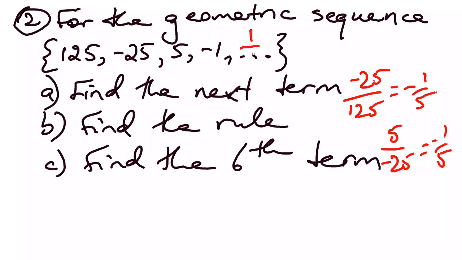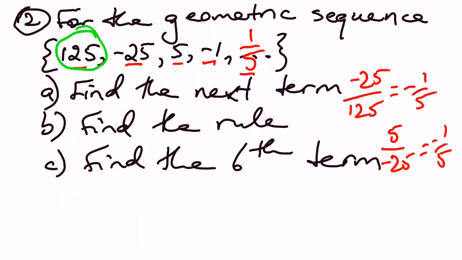That means this will be a positive term, and I can see that anyway because it goes positive, negative, positive, negative. So this one must be positive because I'm multiplying by a negative number each time, and it's multiplying also by 1/5. Okay, find the next term. I've done that. Find the rule. I've got A. Let's take another colour.